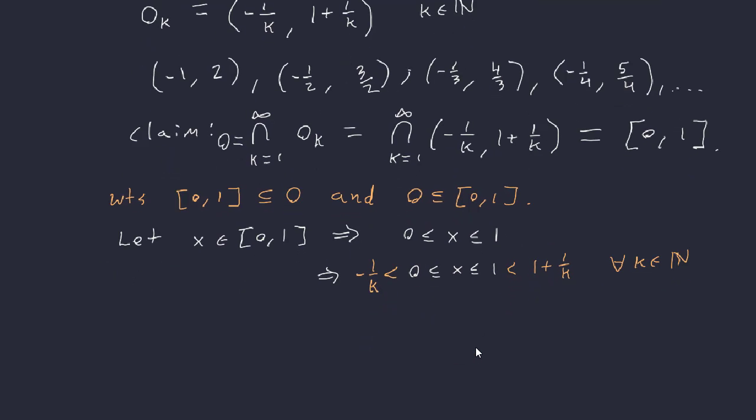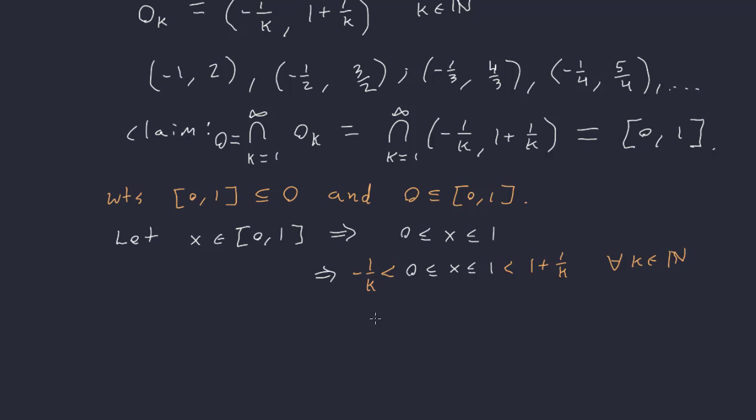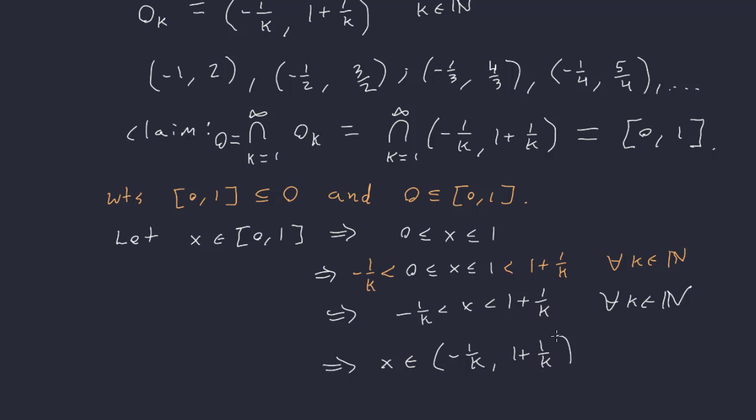Oh, well, in other words, -1 over k is strictly less than x, which is strictly less than 1 plus 1 over k, and this is for all k in the naturals. This implies that x is in the interval -1 over k to 1 plus 1 over k for all k in the naturals.